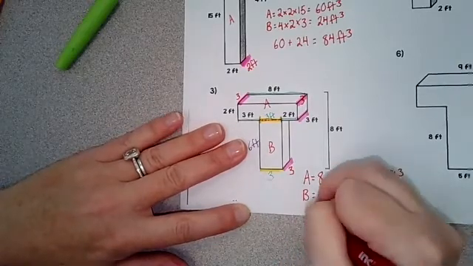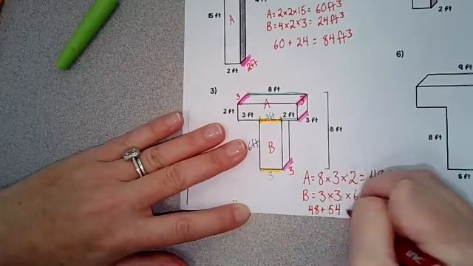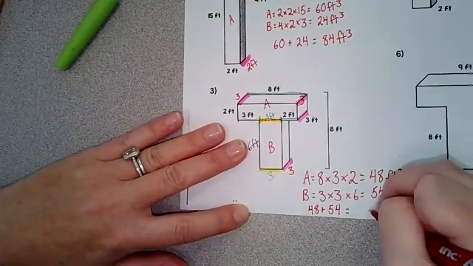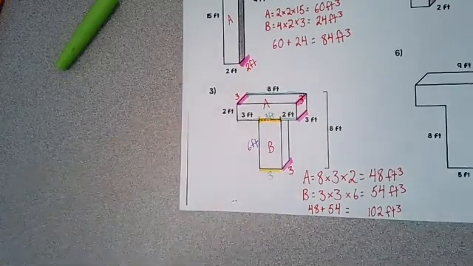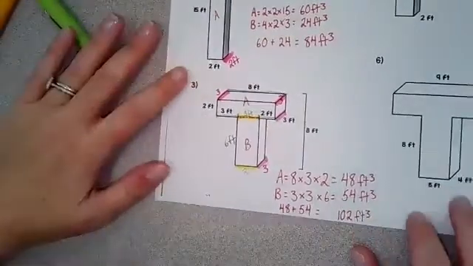So 48 plus 54, I'm going to try to do this in my head, 102 feet cubed. And remember, you can use a calculator on all volume questions, so don't make yourself crazy.